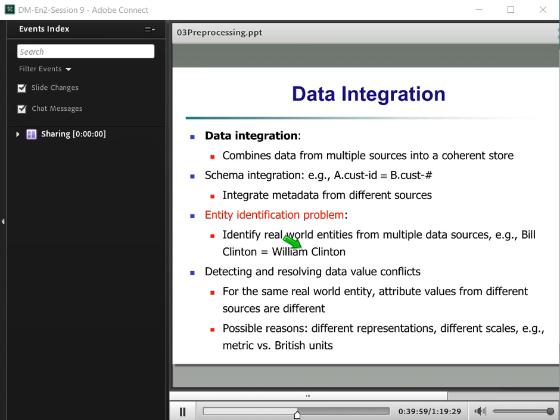They are the same, but 2 is different from 7. Why? Because the first one is in meters, and the second one, 7, is in feet.